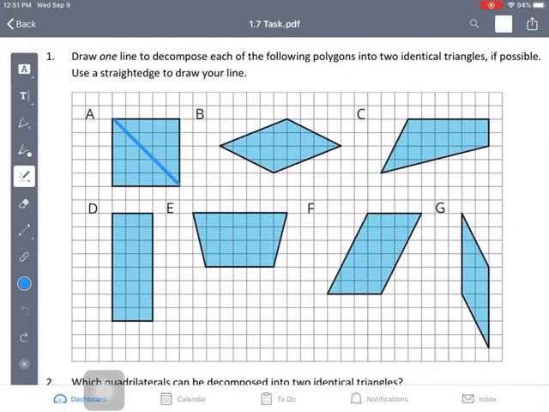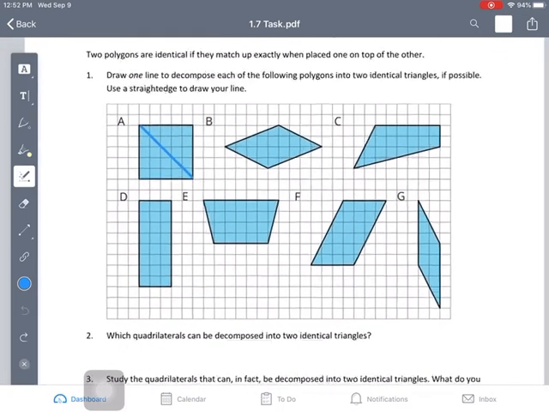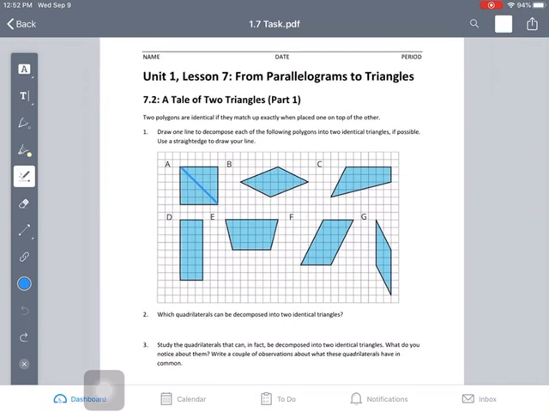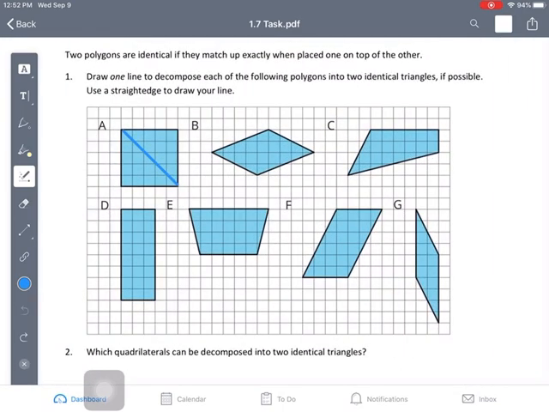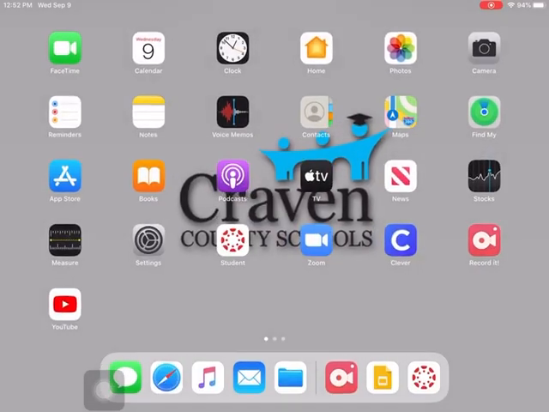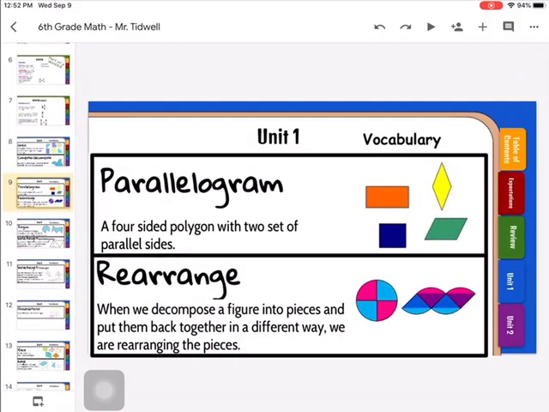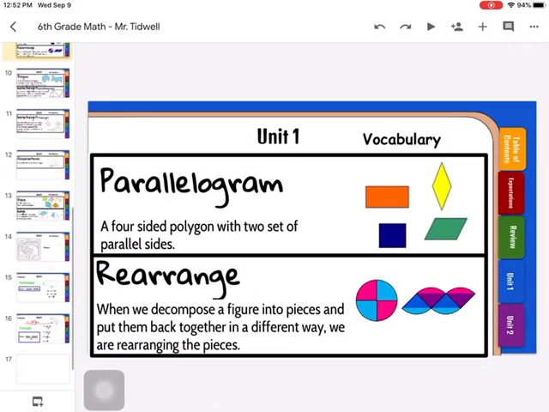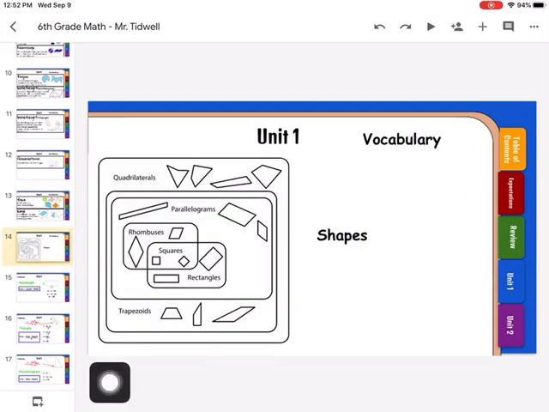So the biggest thing to remember when we are doing this, and you're going to be asked some other questions about this later, is which polygons can be cut into two identical triangles. Well, the only ones that can be are parallelograms, okay? Now, going back to our digital notebook, we can see where some of those shapes overlap.